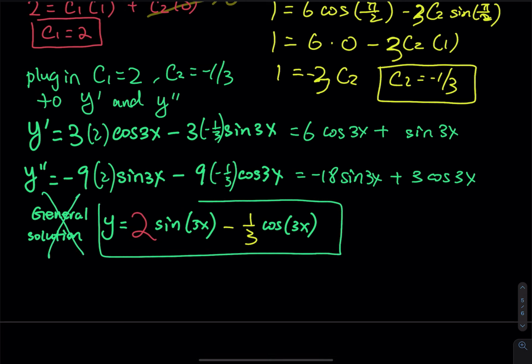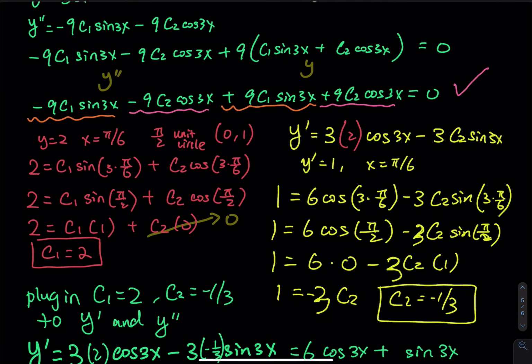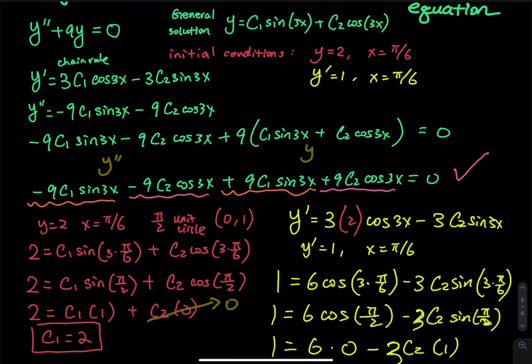Now it is called a particular solution, because I figured out the C1 and the C2. Okay, how do you make sure that this particular solution is correct? How do you check? To check, we have to plug it in to the given differential equation.